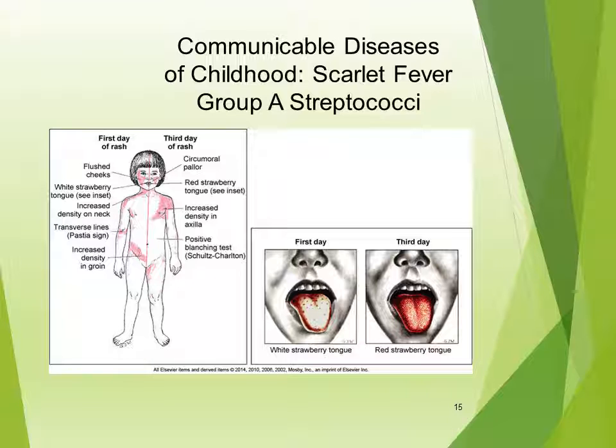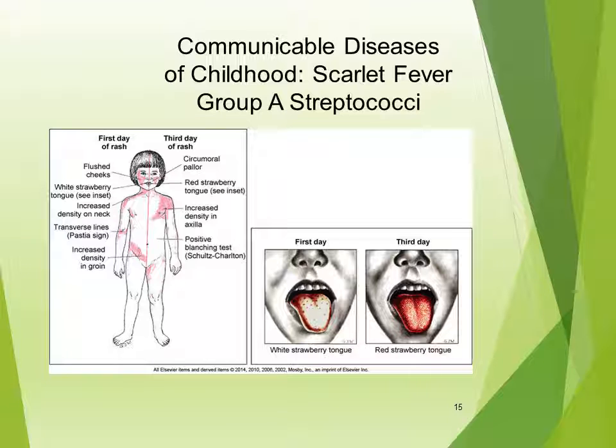Because it can start acute glomerulonephritis. It can attack the heart and cause rheumatic fever, which is what happened in the book Little Women, and it can also cause death by toxic shock.